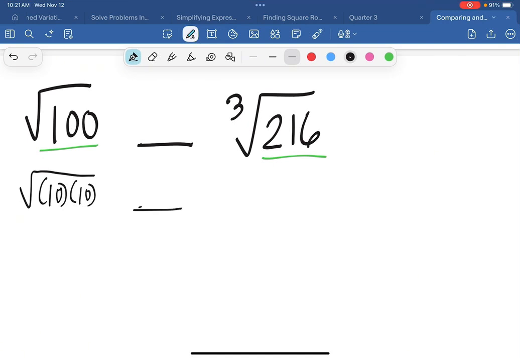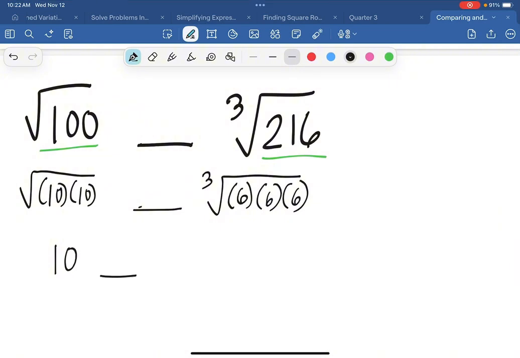And the cube root of 216 is 6 times 6 times 6. So obviously the number on the left side is 10, and on the other side is 6. So that means 10 is greater than 6, or the square root of 100 is greater than the cube root of 216.